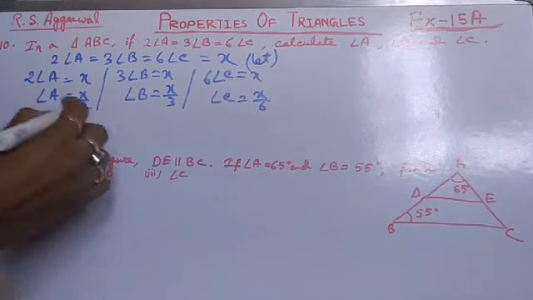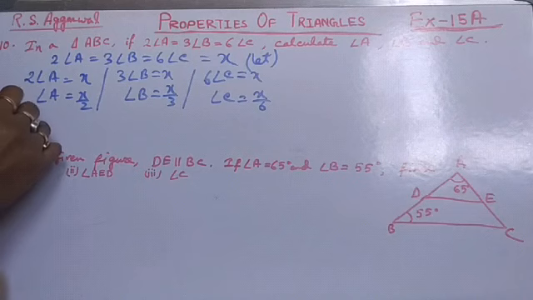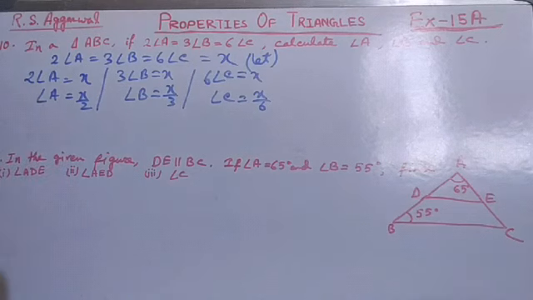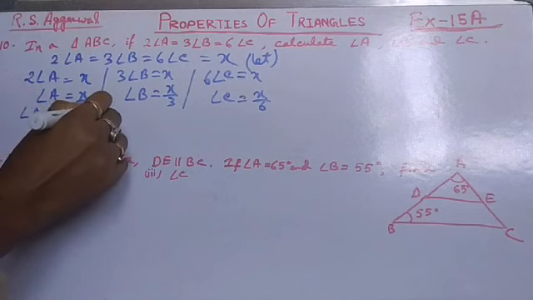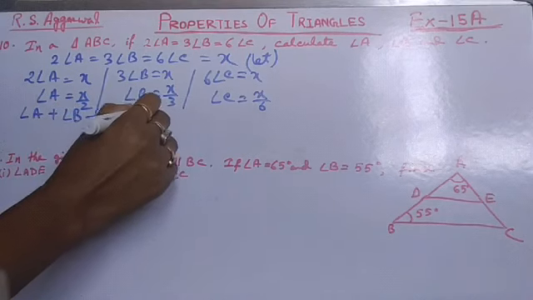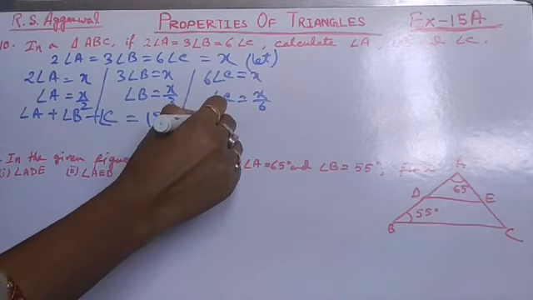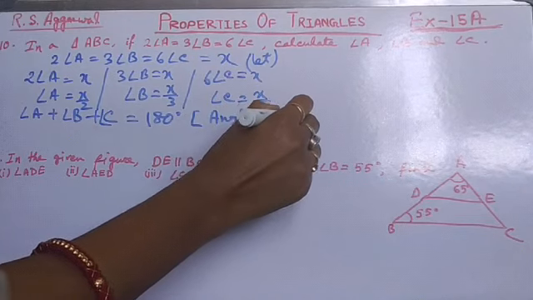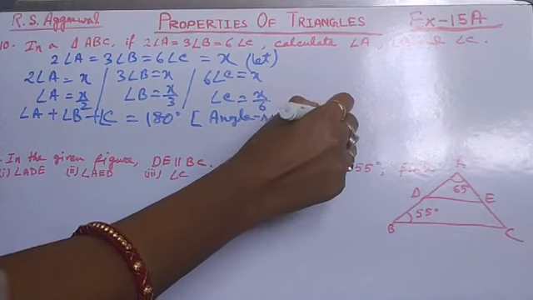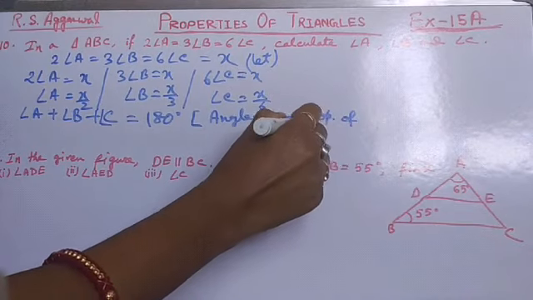Now same formula: angle A plus angle B plus angle C equal to 180 degree. This is the angle sum property of triangle.